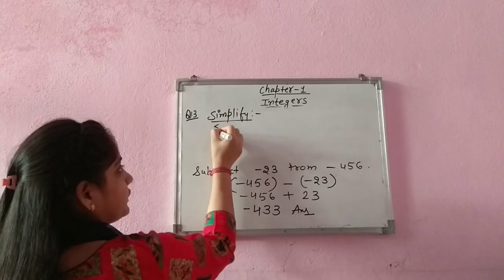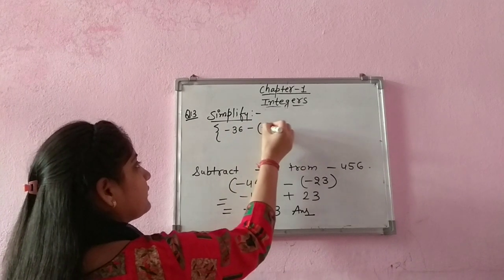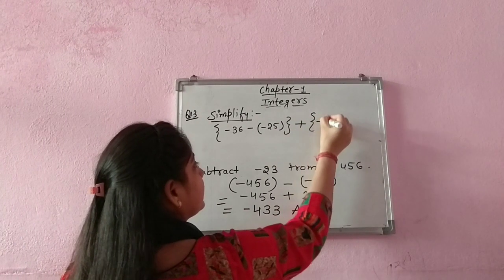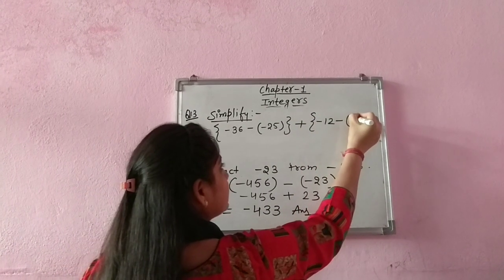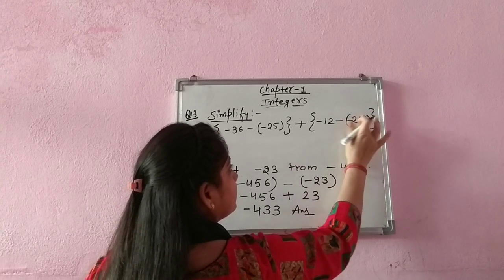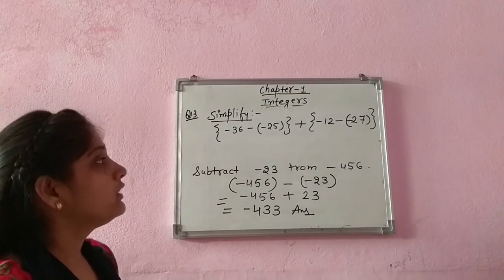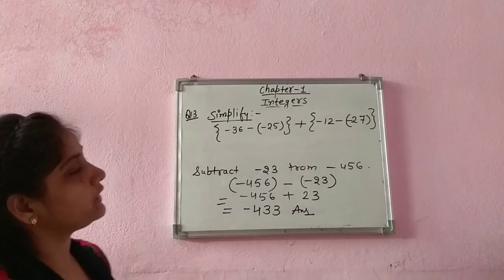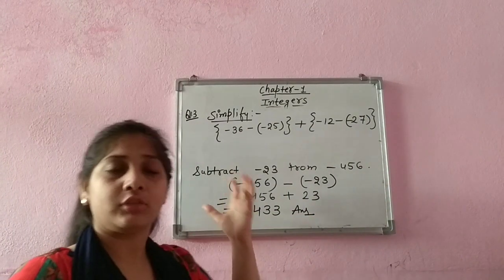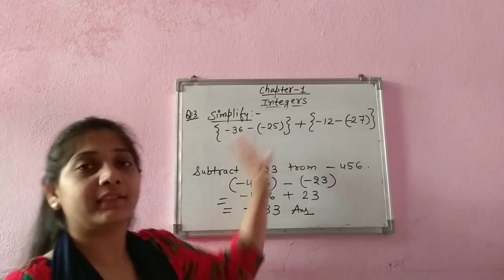I'm giving you one question here: negative 36 minus negative 25 plus negative 12 minus negative 27. So this is one of the questions. It means you have to simplify it, solve it by opening the brackets, multiplying the signs.